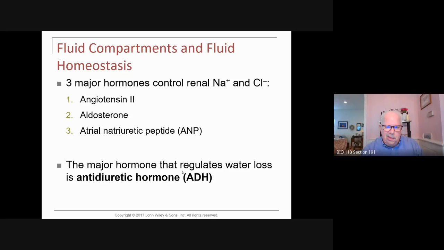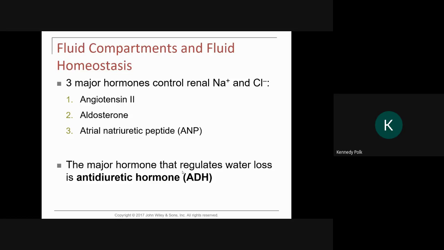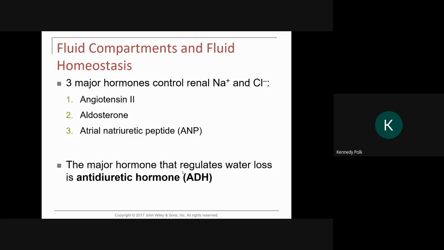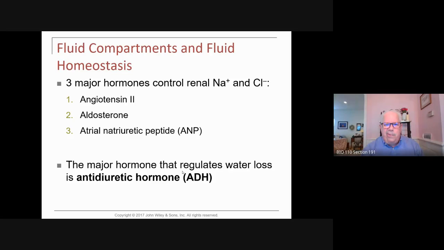Good. Okay. So you know where angiotensin 2 is, you know where aldosterone is, and where's ANP from? What produces ANP? Kennedy, you still asking me? Yeah. What produces ANP?